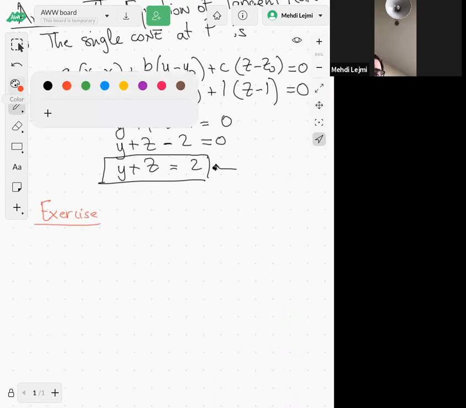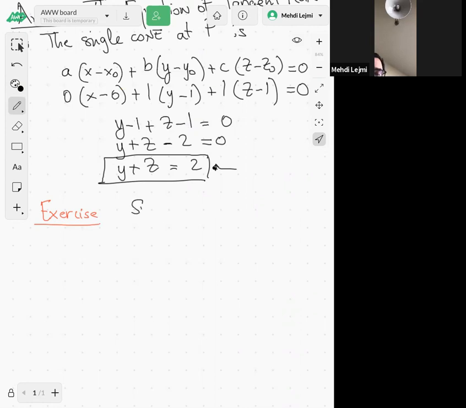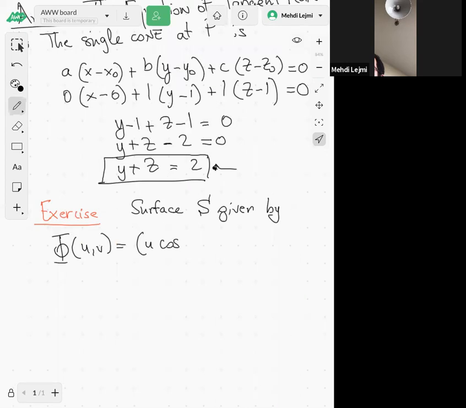Let's say you have the surface S given by the parameterization phi of uv equals u cosine of v, u sine of v, u squared plus v squared.